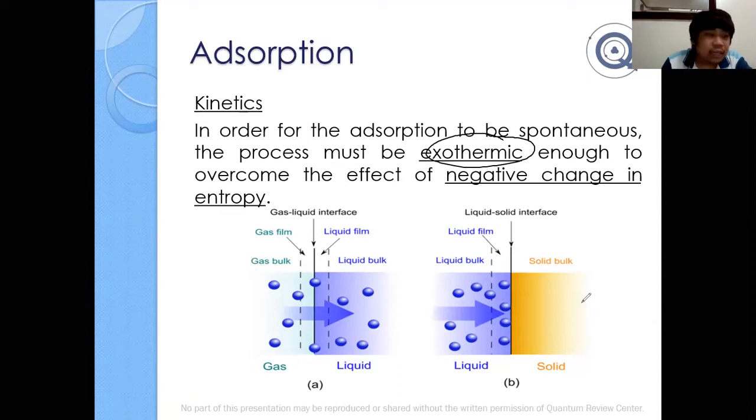Imagine niyo baliktad. What if tinaasan natin ang temperature or ang heat content? Di ba mas magiging malikot yung particles, mas mahirap ma-adsorb. However, if you remove heat from the system, babagal yung particles such that it will be easier for the adsorbate to adhere on the adsorbent. So, yun.